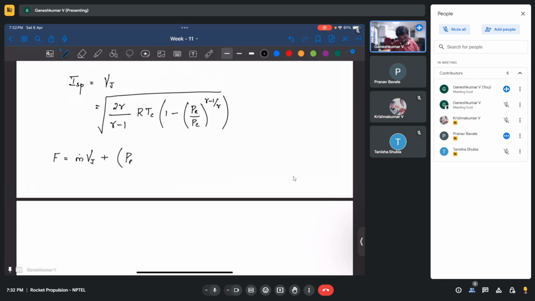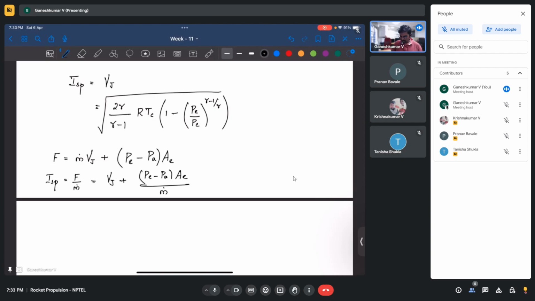I think it's PE minus PA, at the exit, into area at the exit. So now ISP is nothing but F by m dot, which makes it Vj plus PE minus PA times AE by m dot.